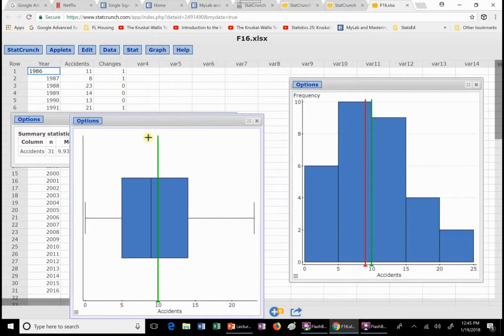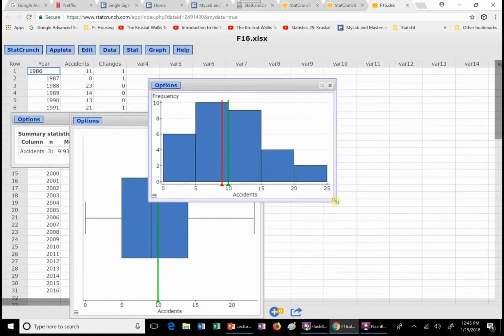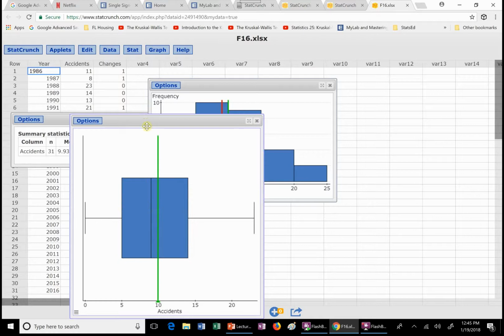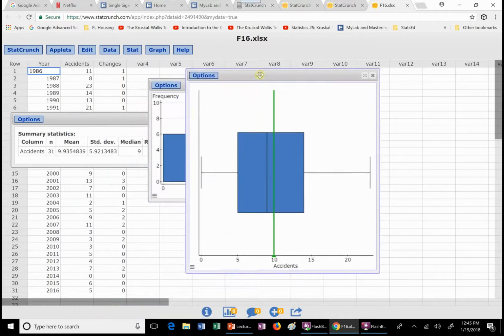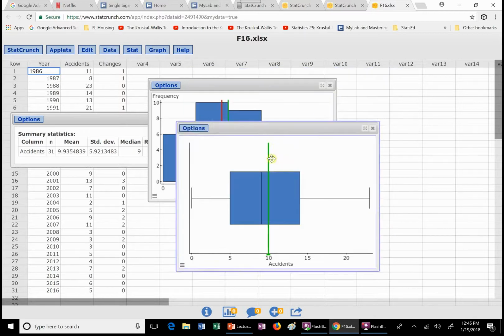And I want to compare this box plot with this distribution. I'll try to do it on the same screen so we can compare them. And I'm also going to try to make the scales the same so that it's a fair comparison. So just give me a minute here. Okay.